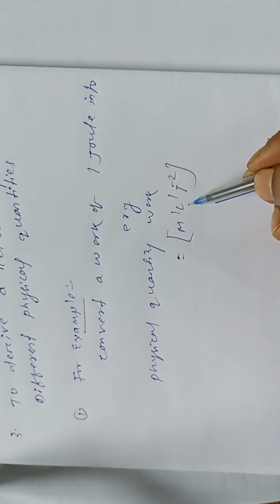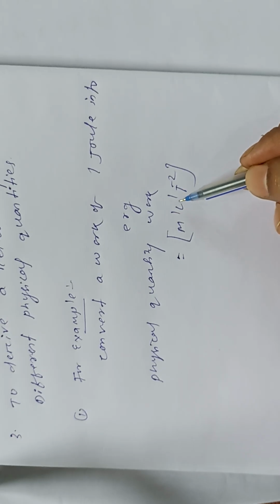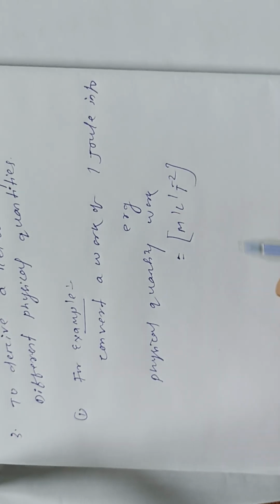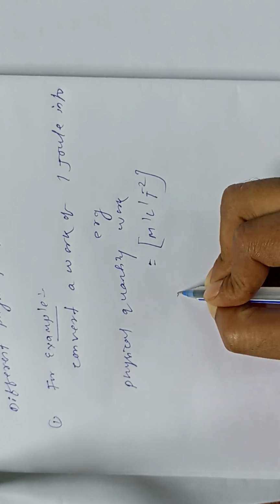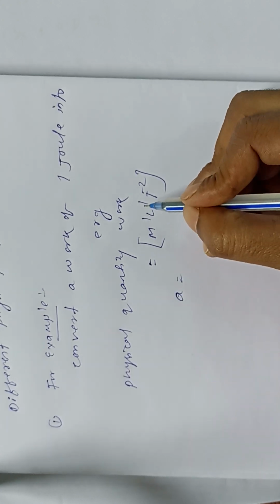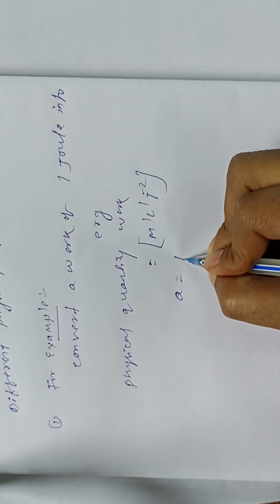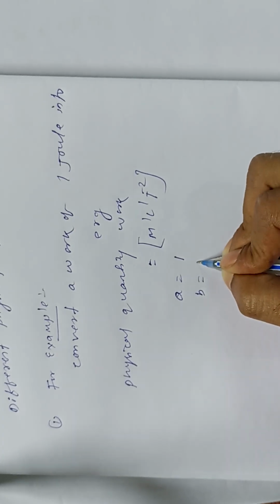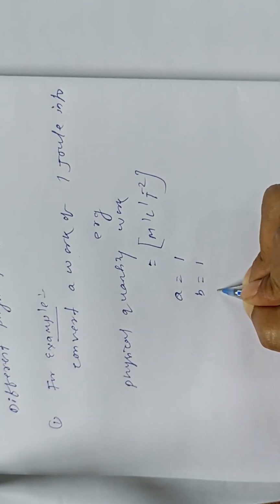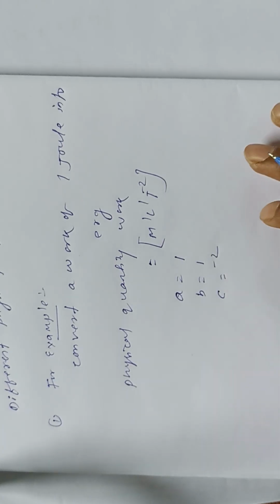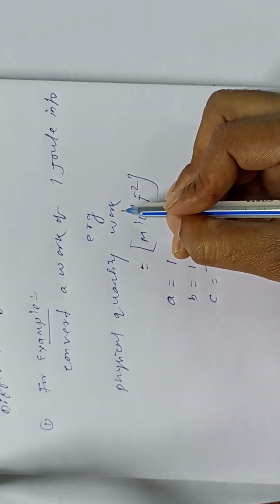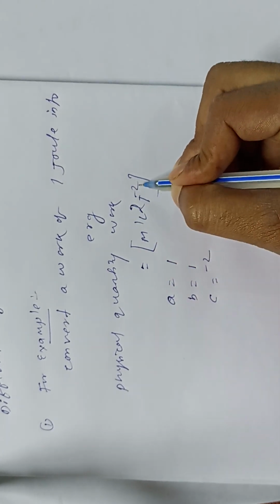So mass is a, length is b, time is c. A is 1, B is 2, C is minus 2. Sorry, work has dimension M^1 L^2 T^-2.